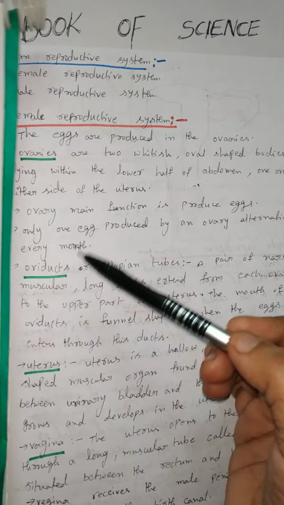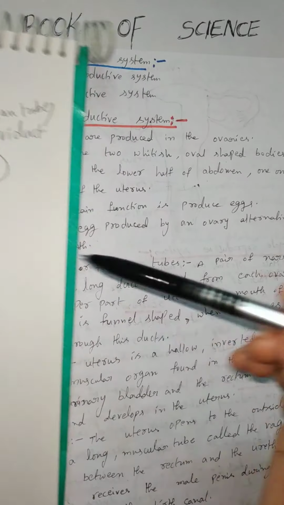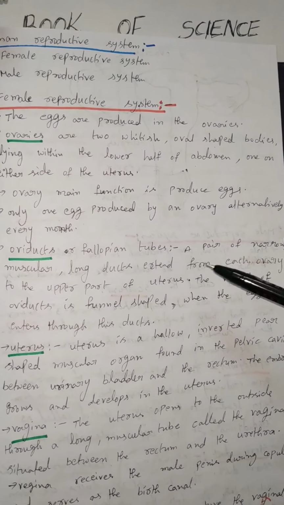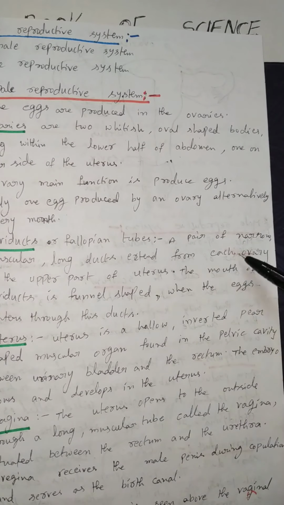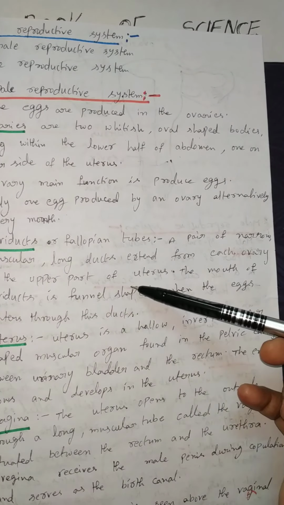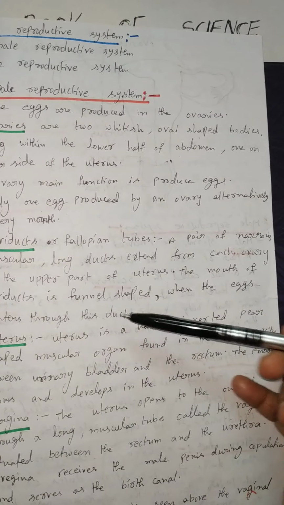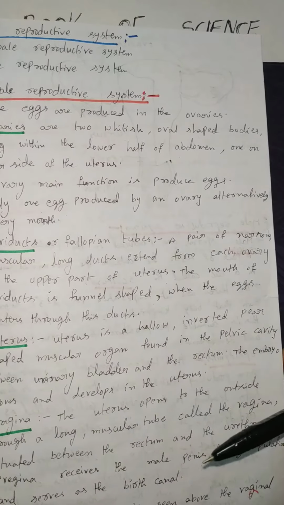Next, oviducts. This is the fallopian tube or oviduct. A pair of narrow, muscular, long ducts extends from each ovary to the upper part of the uterus. The mouth of the oviducts is funnel shaped, where the eggs enter through these ducts.